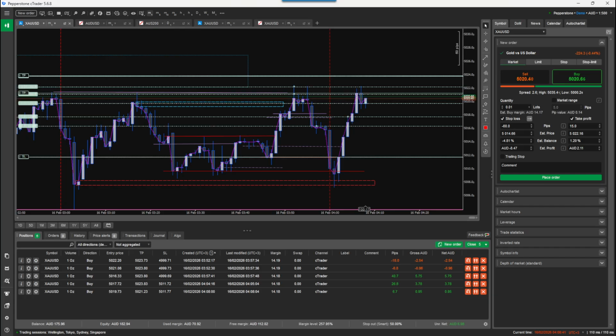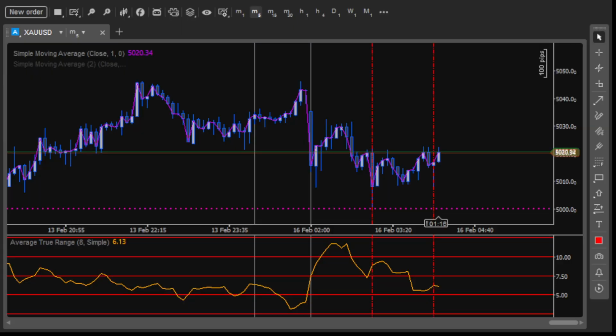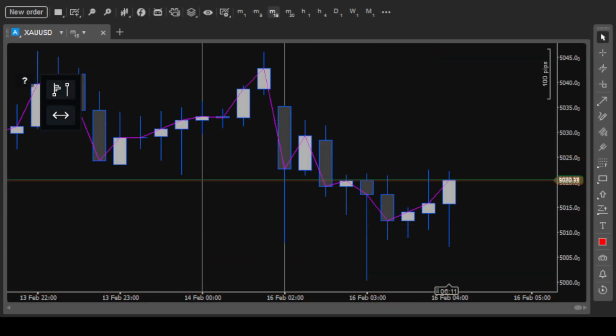Quick look at the 5 minute. You can see it's starting to push up there. You've got your 15 minute bear candle in here, got to break through and get into that zone up in there.